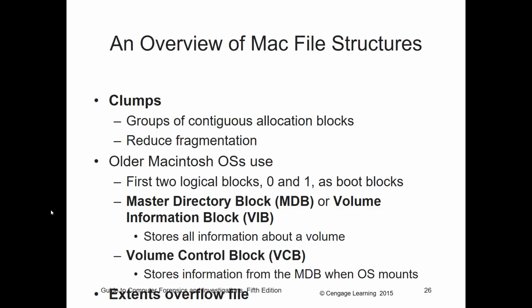Then we have a volume control block, VCB, which will store the information from the MDB when the OS is mounted. Again, pretty similar to Windows, except we're just changing the names. We have a master boot record, which is very similar to the master directory block. I know they're not 100% the same, but for this level of understanding, they're going to be damn similar.